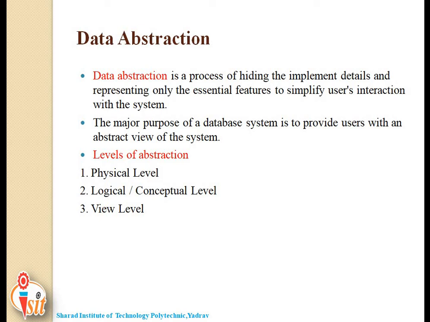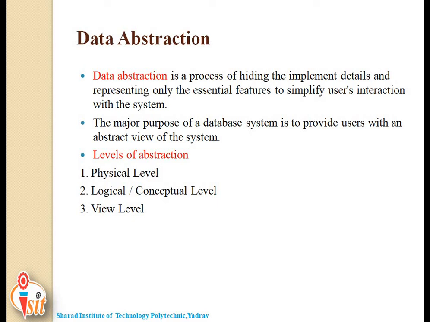Or you can say that data abstraction is the process of hiding the implementation details, such as how the data are stored and maintained, and representing only the essential features to simplify users' interaction with the system. The major purpose of a database system is to provide users with an abstract view of the system.